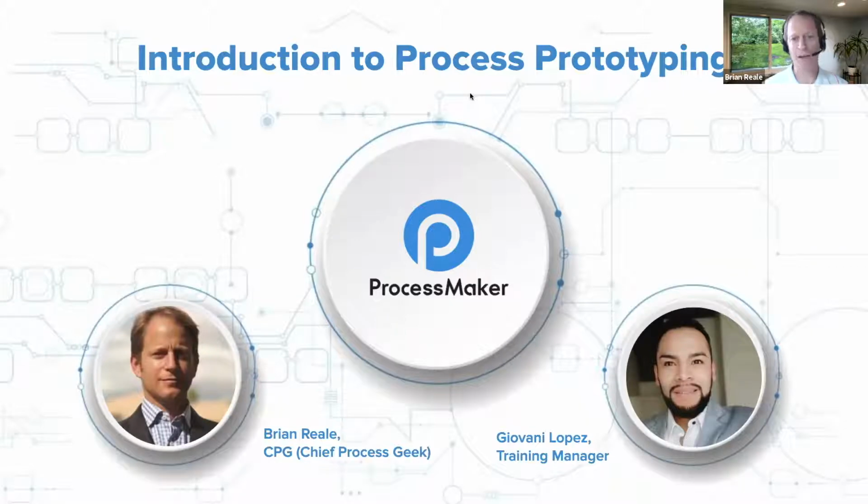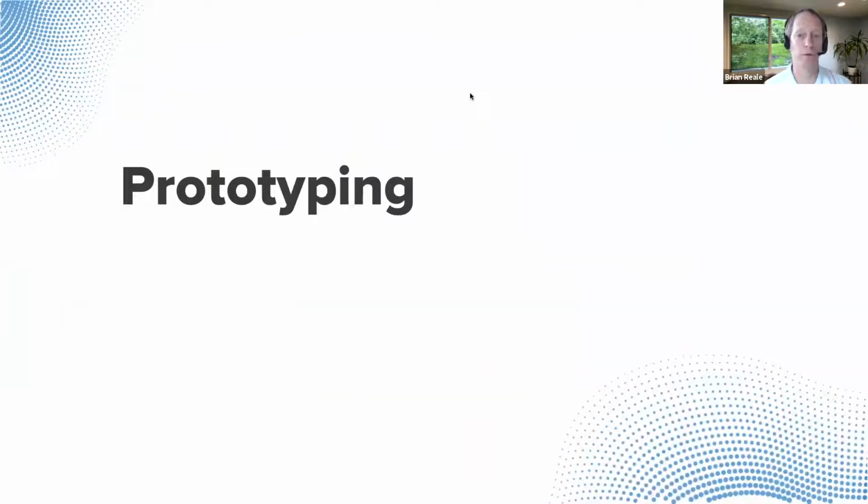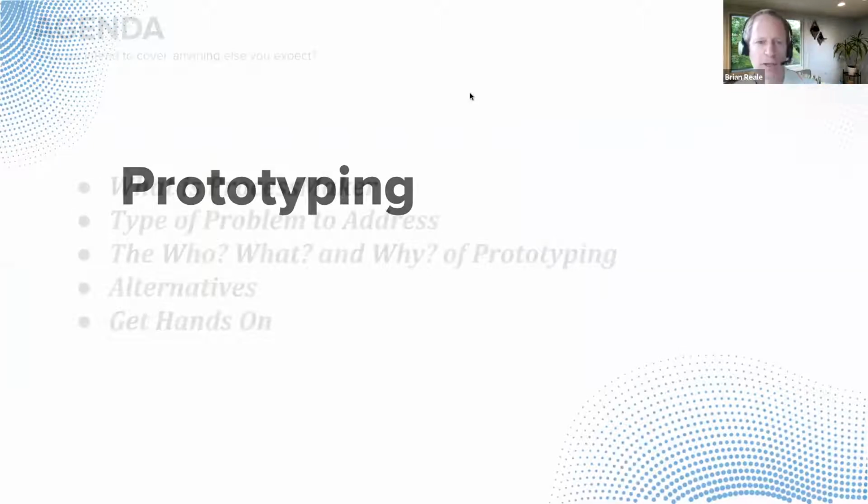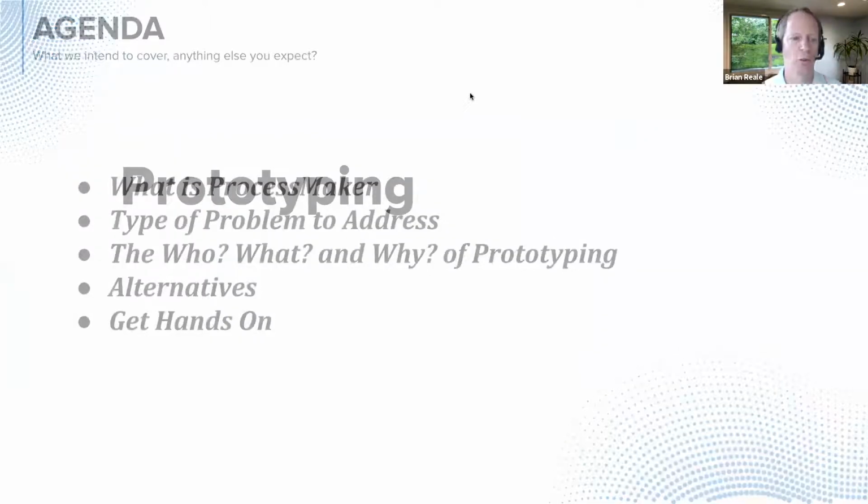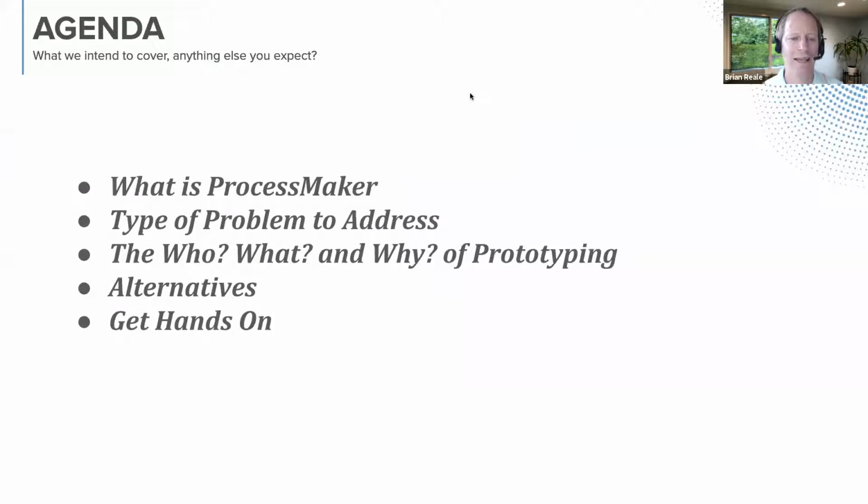What are we going to talk about today? We're going to talk about process prototyping. It's kind of a new topic for us, so excited everybody is joining for this webinar. So first, I'm going to quickly give a little introduction. What is ProcessMaker? What type of problems we want to use ProcessMaker for, whether that's for prototyping or for actual design and automation.